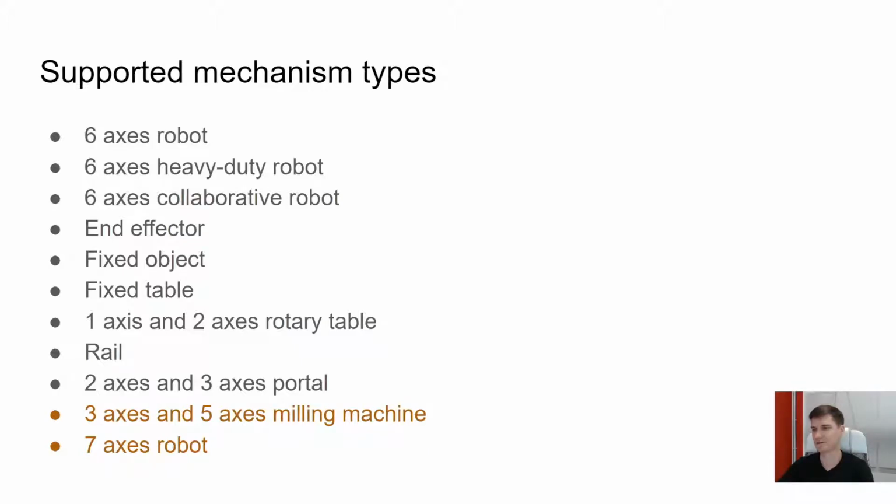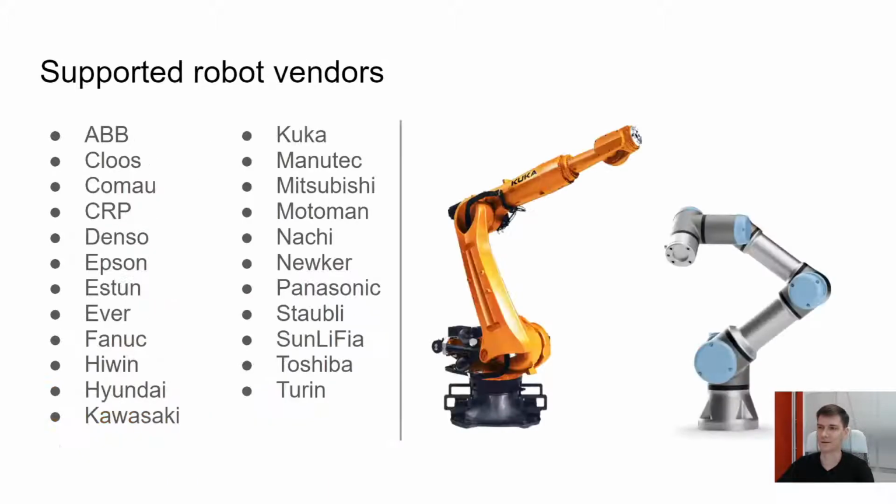Milling machine and 7-axis robot support will be added in SprutCAM 16. Here you can see the list of 23 supported robot vendors. If you want to add another robot vendor to MachineMaker, please text us. And today we will assemble a KUKA robot.